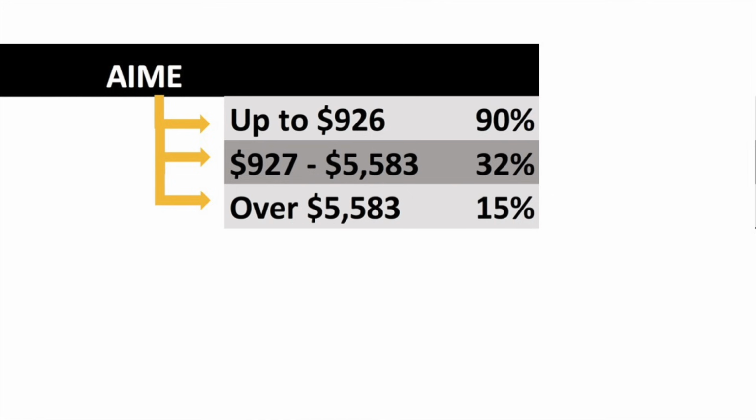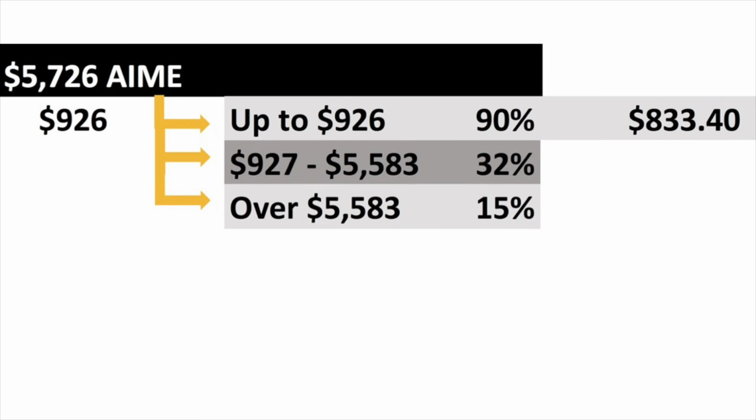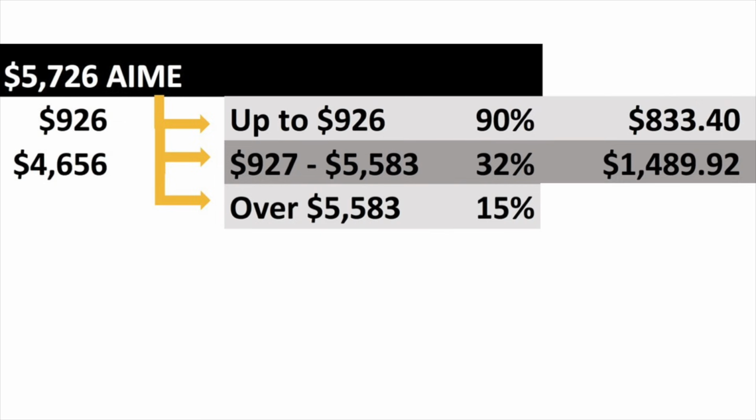There are three separate portions, but only two numbers. So then you take your averaged indexed monthly earnings and apply it to this grid. Using the AIM number from my example, the first $926 would be used at 90%. The amount from $927 to $5,583 would be used at 32%. And anything over $5,583 would be used at 15%.